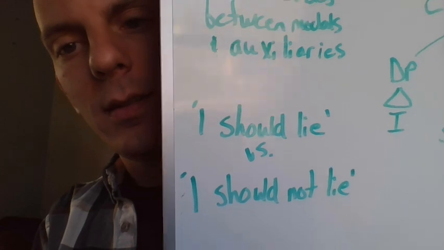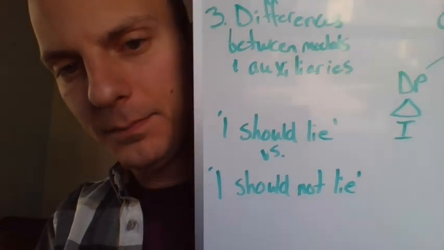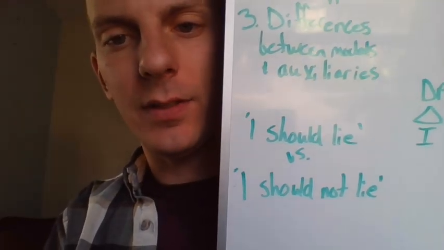Let's look at negation to start. We want to look at negated sentences to figure out where negation goes. This is usually done by adding the word not to a sentence. That's typically how we negate sentences. So we can see sentence pairs like I should lie versus I shouldn't lie.